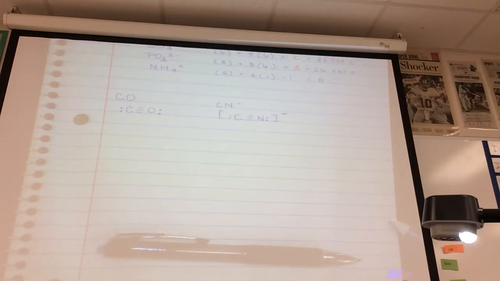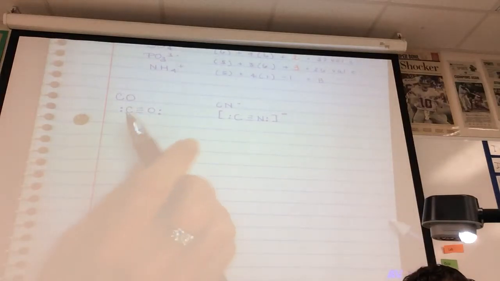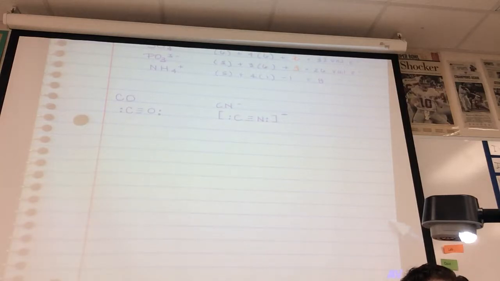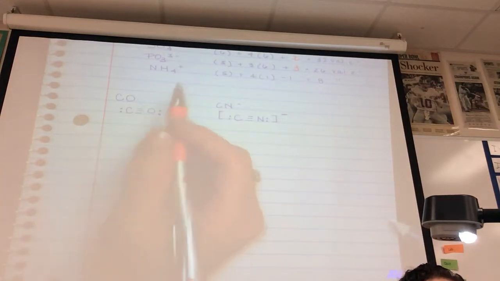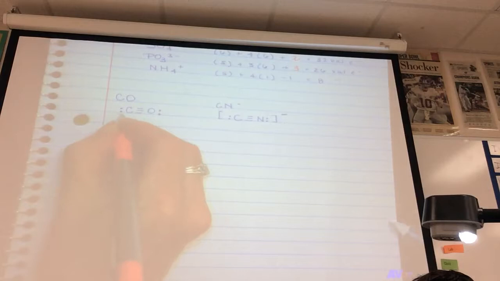Why would carbon have a lone pair? It only has 4 electrons, and if you're doing a triple bond, it's already sharing 3 of them. What you're seeing here, for example, in each of these instances, is an octet of electrons around each atom.